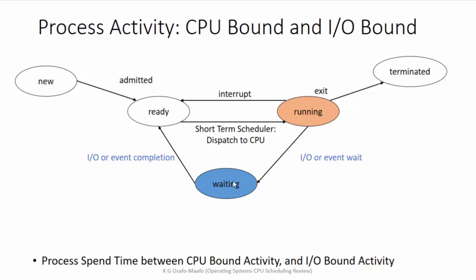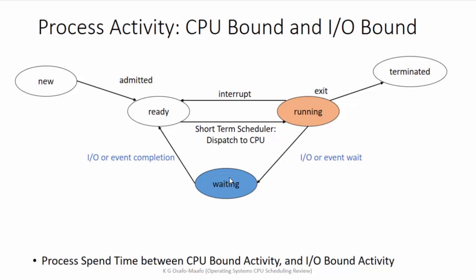So when we are discussing processes, most processes move between CPU and IO. Right? So maybe it does some calculation, maybe reads a file, does some calculation, prints to screen. So there's this interleaving between CPU and IO.